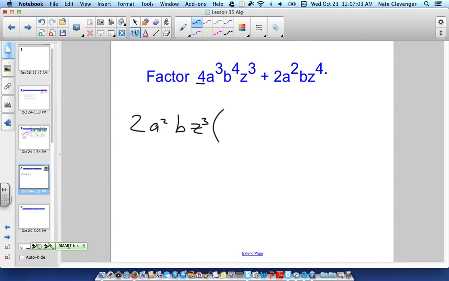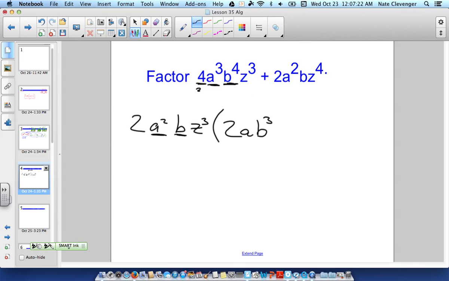So I start here. 4 divided by the 2 is 2. A cubed divided by the a squared leaves me with 1a left over. B to the 4th divided by my b is b to the 3rd.